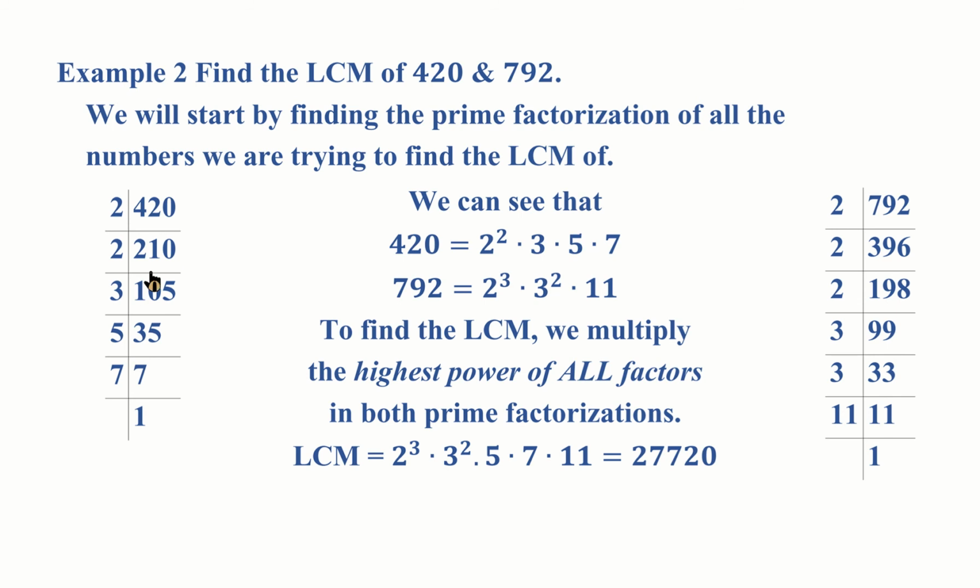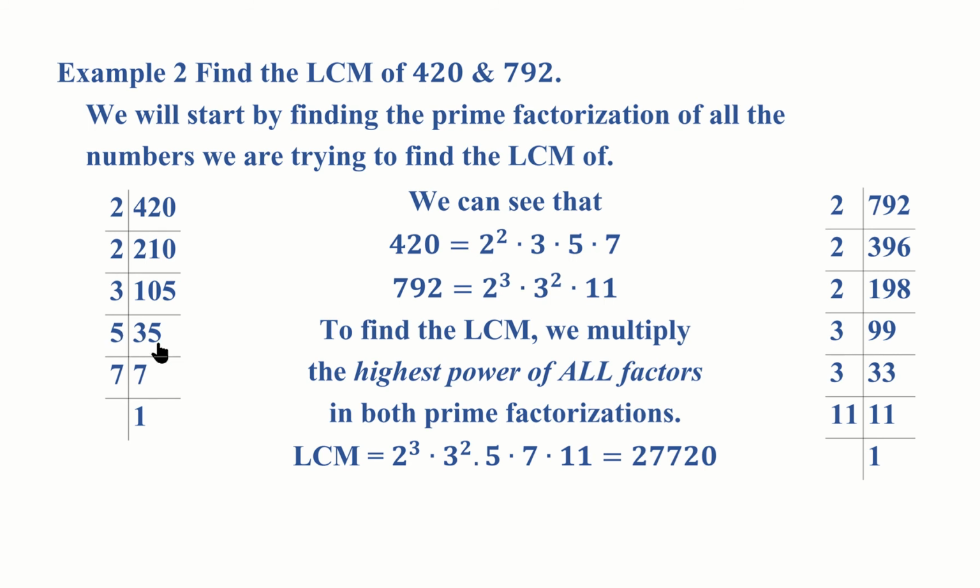So therefore 105 is divisible by 3 since 6 is divisible by 3. So we go 105 divided by 3 is 35. Now we can't handle 3 anymore because 3 plus 5 is 8.